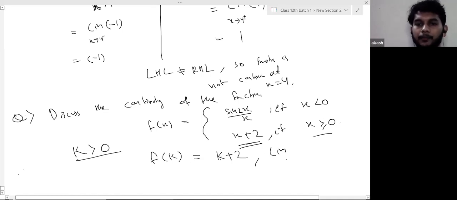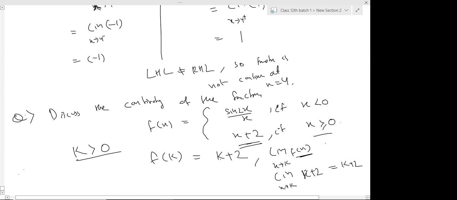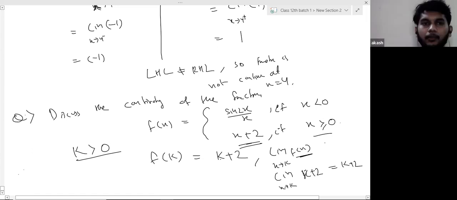Now limit x extending to k f of x, the function will be again x plus 2, so this will be k plus 2. All right, we can use direct substitution here. Krishna, this is clear. Yes, sir. So I hope this question is clear to everyone.